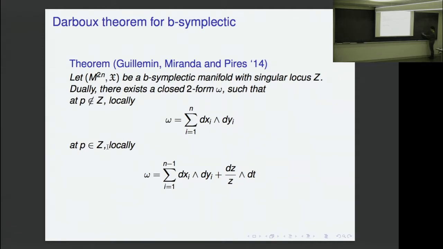And then this is going to give us a b-symplectic form with the singularity at the equator. So I'm going to use the red color to denote this singular locus. We call this Z, and then we have the manifold itself with the b-symplectic form omega.